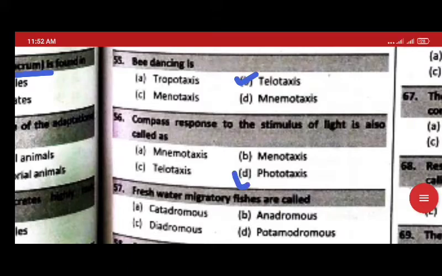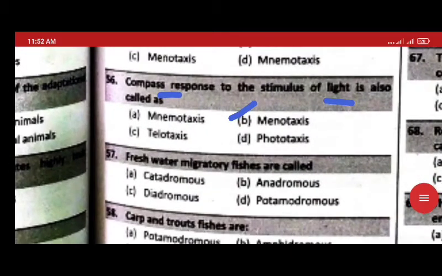56. Compass response, compass is also given for light, so you should make clear that compass is important. So menotaxis is right, and mnemotaxis is for complex.